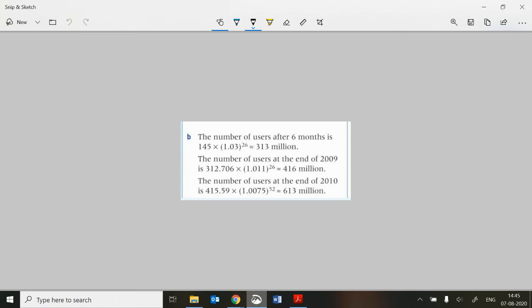And I thought I'd put in f, the function of the number of weeks, and split this up 3 ways. And we know to start off with, we have 1.45 times 1.03 to the power of n, where n is the number of weeks past the start of 2008. So I'm going to set this one up and say, well, n is between 1 and 26 in this case.